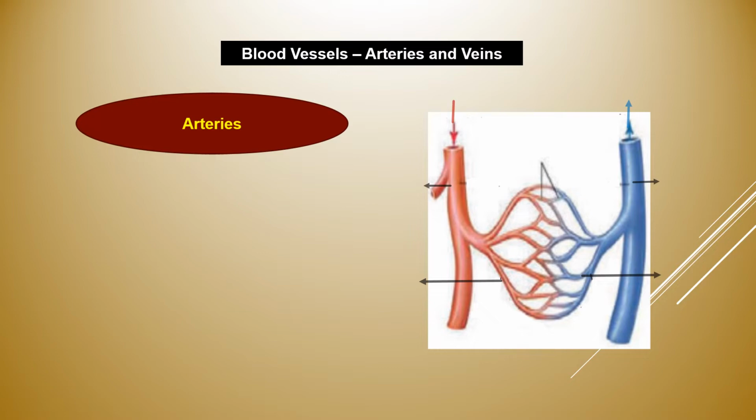That means the arteries receive blood from the heart and bring it to supply all the parts of the body. Arteries carry oxygenated blood except the pulmonary artery.